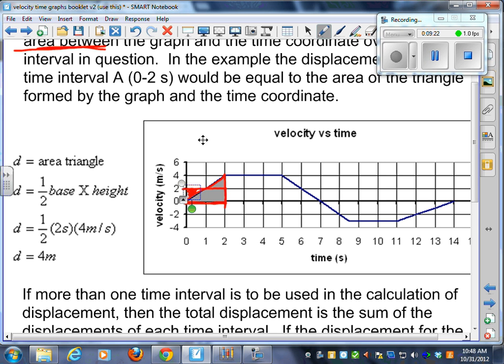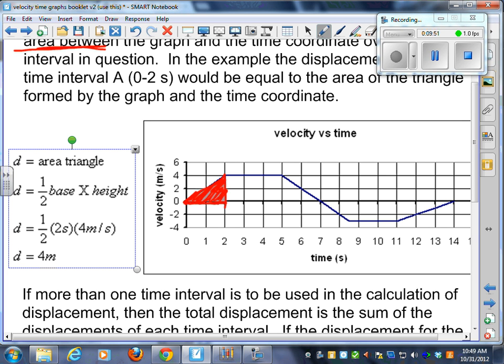So a quick way to think about it is to think about the area of the triangle, and this always works. It's half the base times the height. The base here is from 0 to 2. The height is from 0 to 4, so it's half of 2 times 4, which is 4. The displacement from 0 to 2 is 4, the area of the triangle.